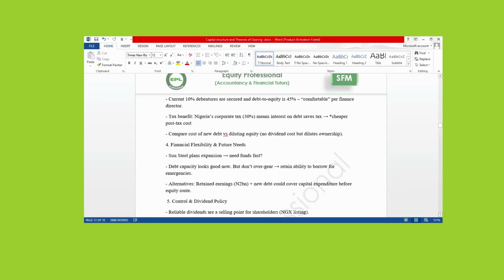Borrow new debt. After you are done with your debt, you can now consider issuing equity. We call it project financing, pecking order theory.